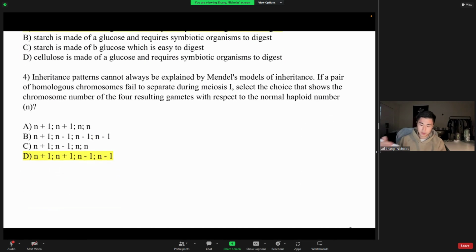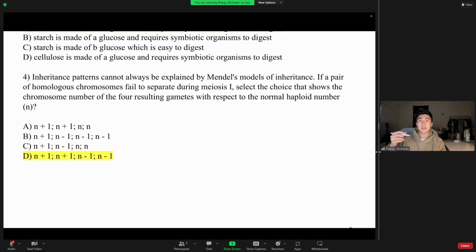Number four, inheritance patterns cannot always be explained by Mendel's models of inheritance. If a pair of homologous chromosomes fail to separate during meiosis one, select a choice that shows the chromosome number of four resulting gametes with respect to the normal haploid number n. So this is similar to one of the problem set questions that's talking about non-disjunction.